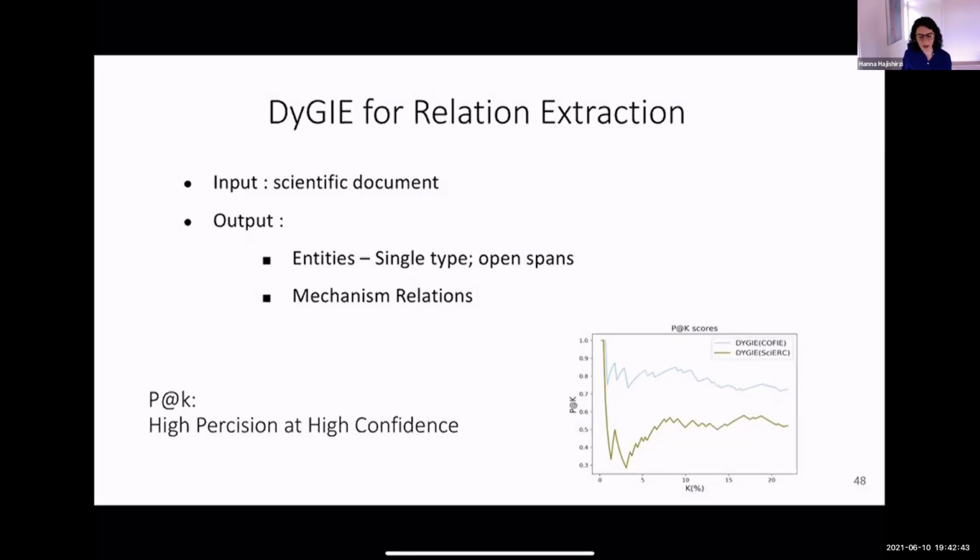We compared DyGIE trained on our data, the blue line, with some other baselines. And as you can see, our method has really high precision, which was to our benefit because it enabled us to build a really highly accurate and highly precise knowledge base.